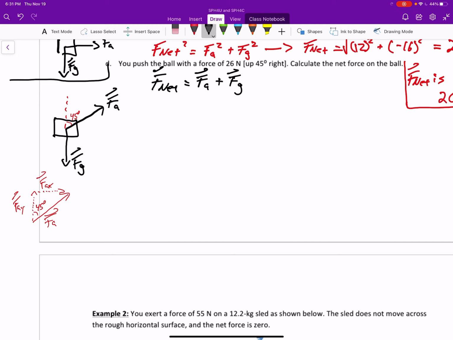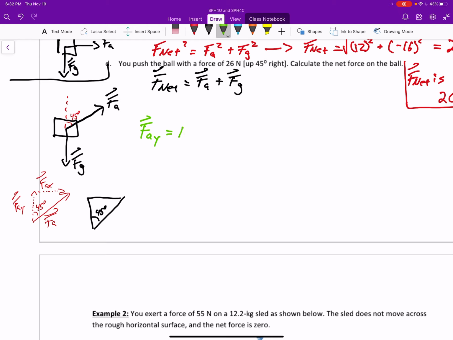Our triangle of applied force is like this. So let's find our components, and then we can add up everything in their respective directions. So the components of F_A: F_Ay is going to be equal to the cosine ratio because our y is adjacent.